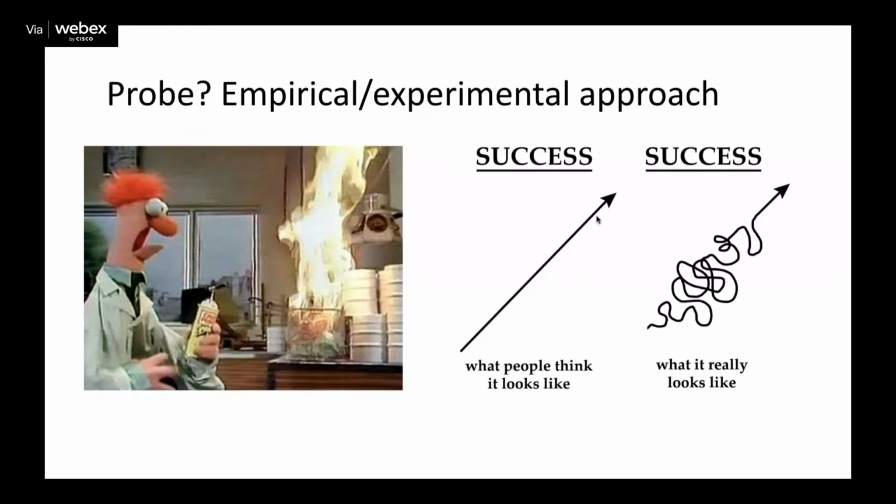What people think success looks like and what it actually looks like is not the same at all. For those of us who've been involved in innovation and solving these kinds of complex, wicked problems, we know that we get this very difficult path to success, and it's very stressful. And this is what I'd like to talk about today: how do we reduce the stress involved in proceeding up that curve, because it is extremely stressful.